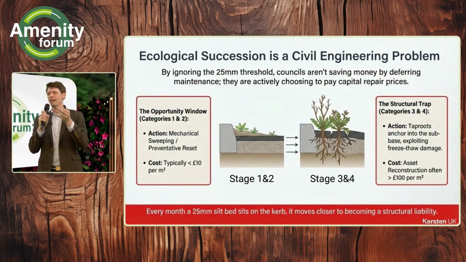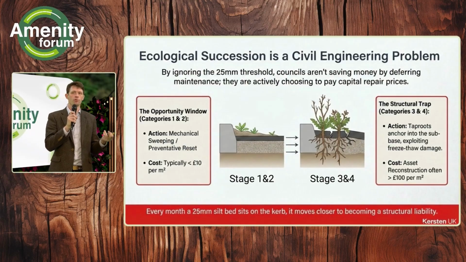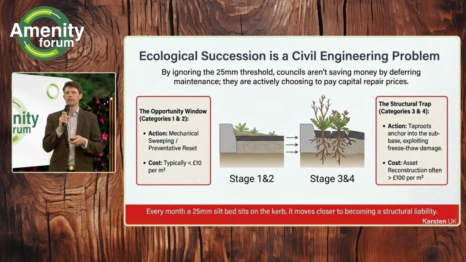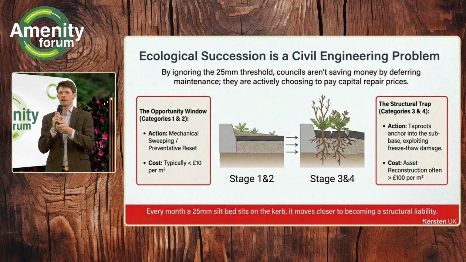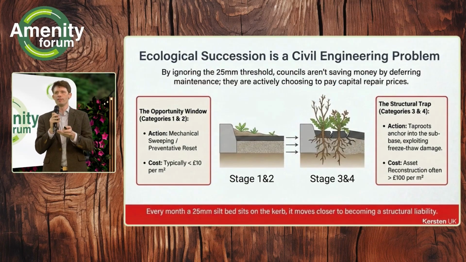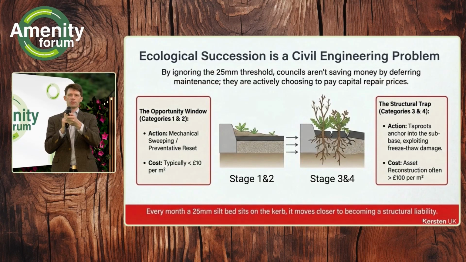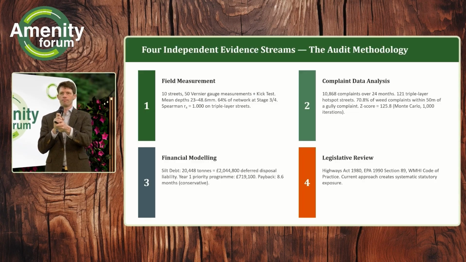And then as you get into the more structural damage, that can cost upwards of £100 per metre squared as you start treating potholes and filling big areas, you have to resurface. So the difference between removing the soil and not removing the soil is costing councils a fortune over time.